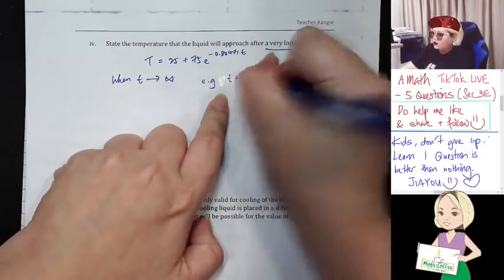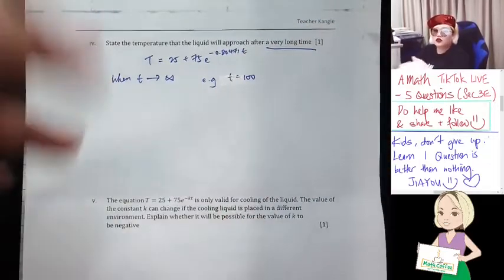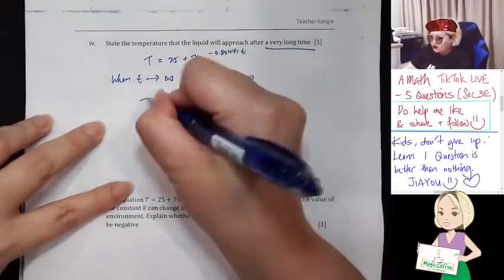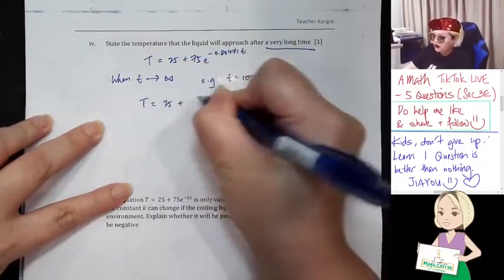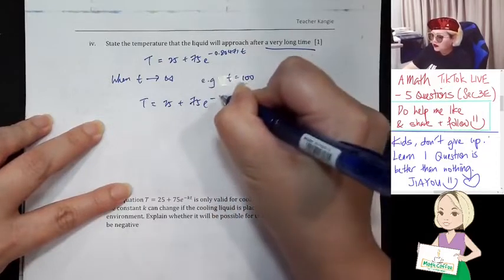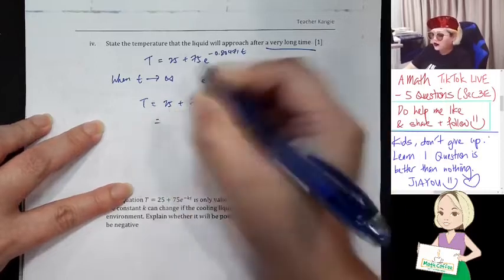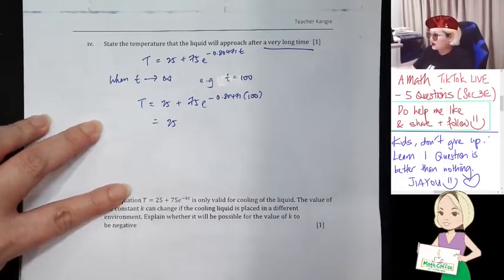T equals 100 means 100 hours. It's already enough time to know what temperature your water will cool down to. So let's see. T is equal to 25 plus 75 e to the minus 0.80471 times 100. When you press the calculator, it gives you 25. Why is that so?